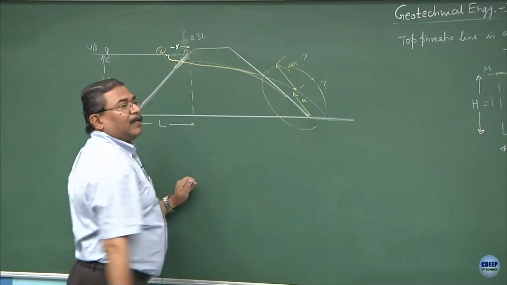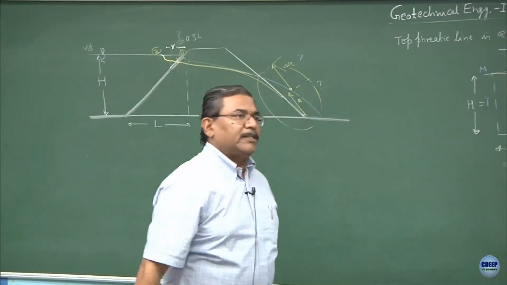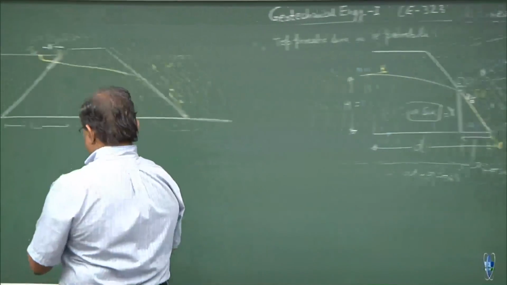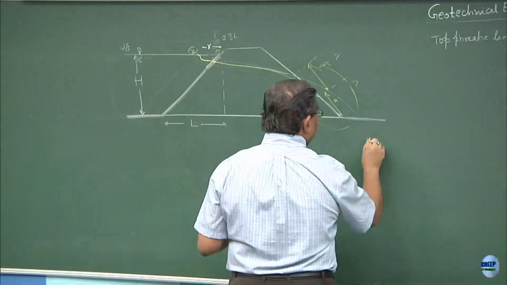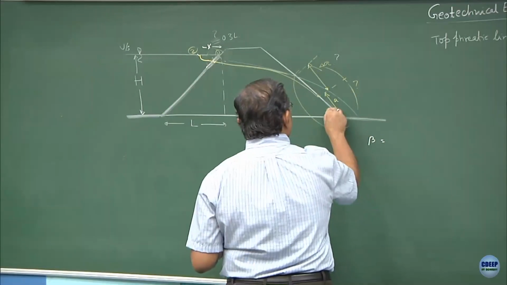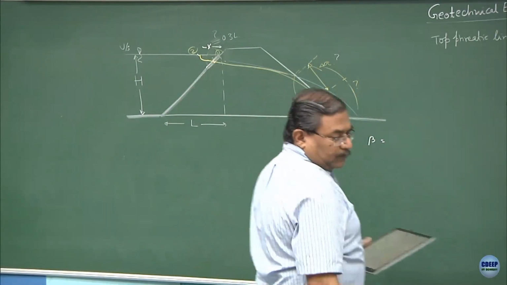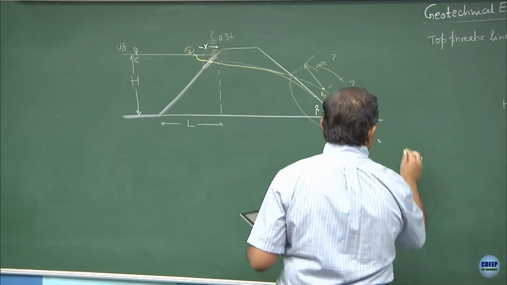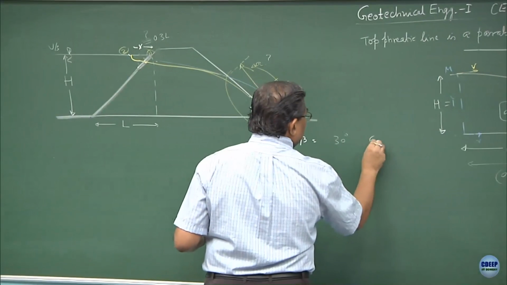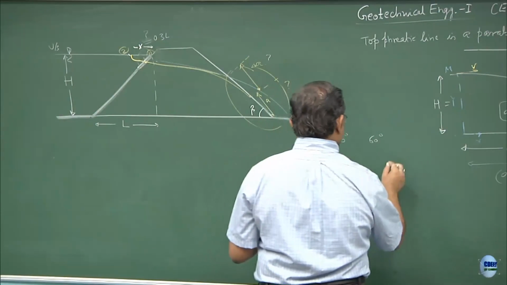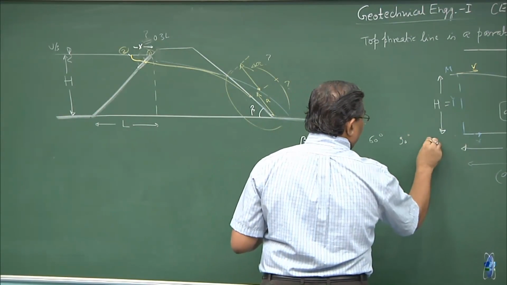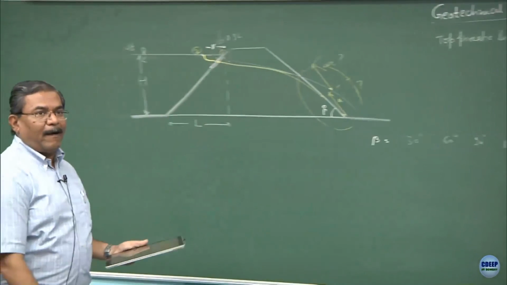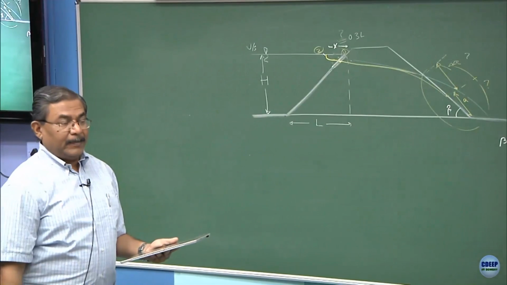So what people have done is they have come out with design charts. And in design charts, if beta is known, where beta is the downstream slope angle, if this is 30 degree, 60 degree, 90 degree, 120 degree, is it possible? 120 degree? It is possible.